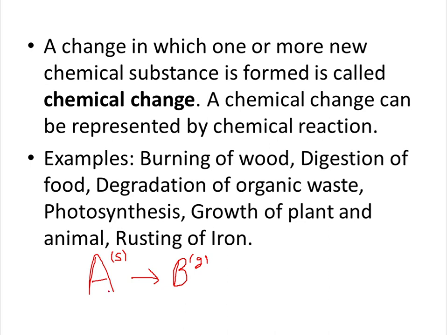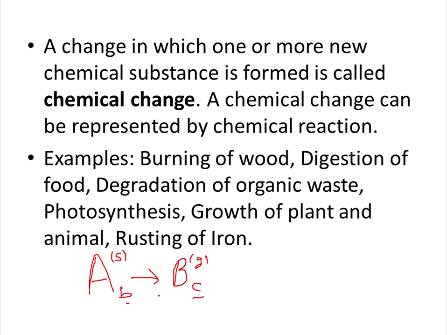Say A is coal, it is solid at room temperature, and it gets converted into B, and B is carbon dioxide, it is gaseous, right? Now the color of A is black, and the color of B, carbon dioxide, is colorless, right?